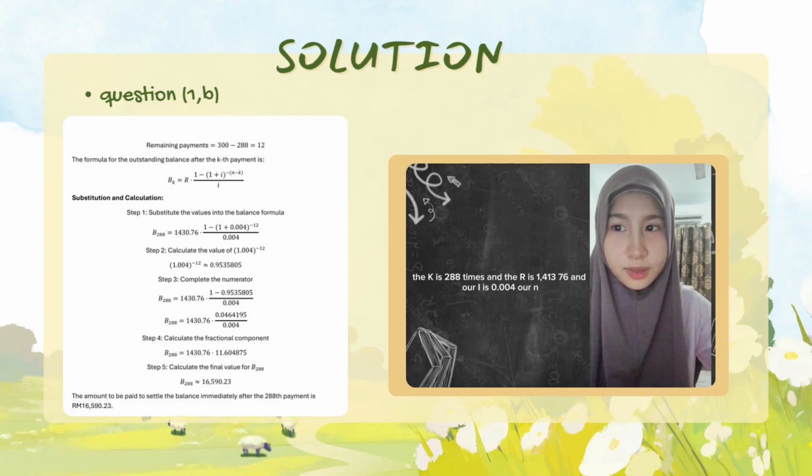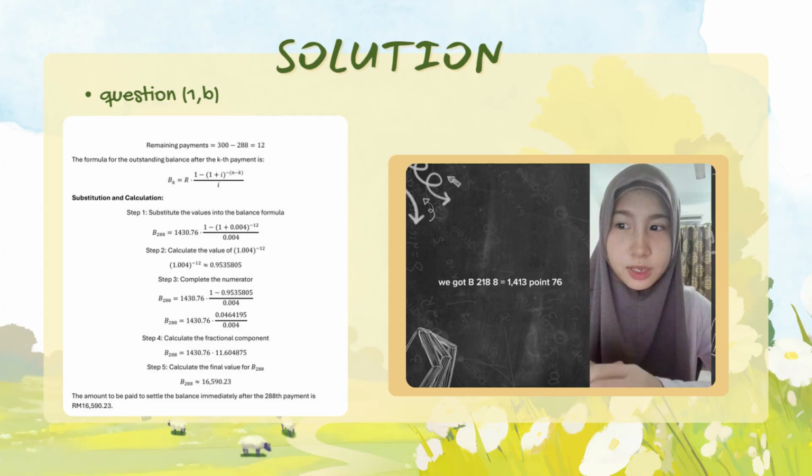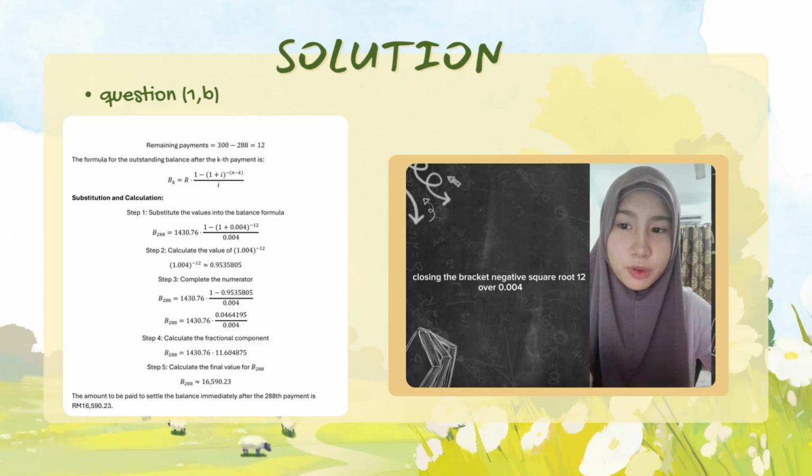Our power is negative 12. So when we substitute into the formula, we get B_288 equals 1413.76 times 1 minus (1 plus 0.004) to the power of negative 12, over 0.004.